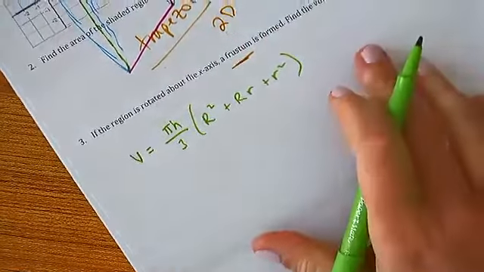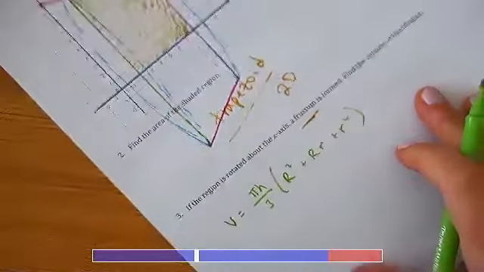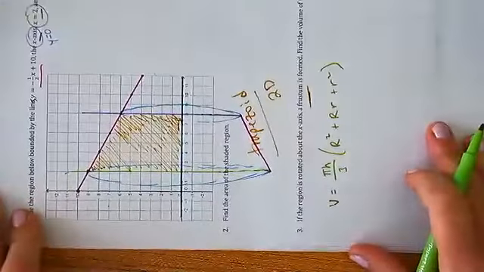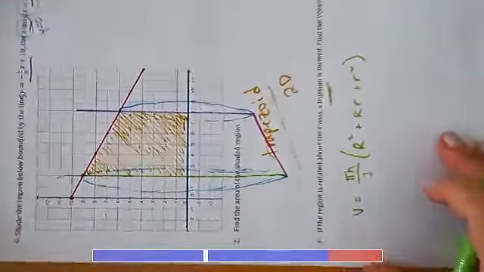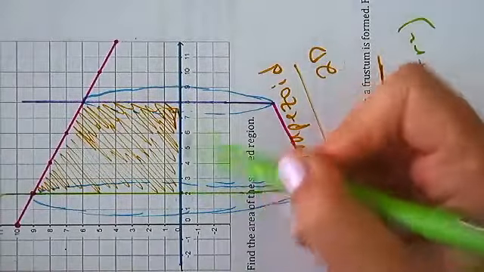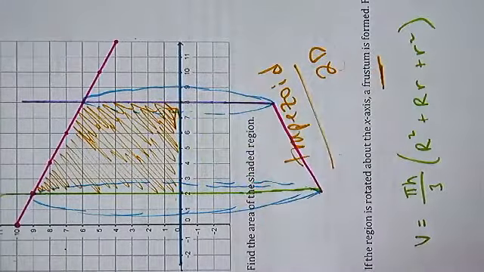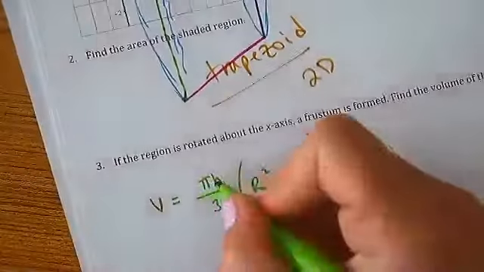Okay. So we do kind of need to identify what these things are. So I am going to turn it to make it easier to see. So what is the height of this frustrum? It's from here to here. So that's 1, 2, 3, 4, 5, 6 units tall. So that's my height.